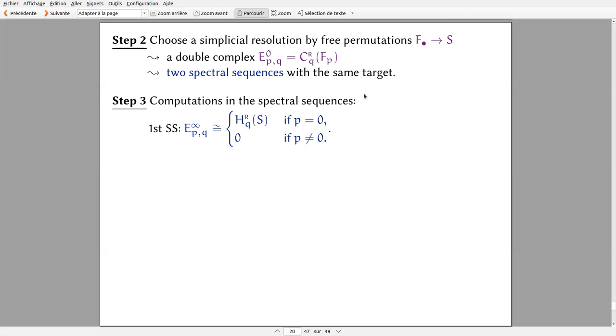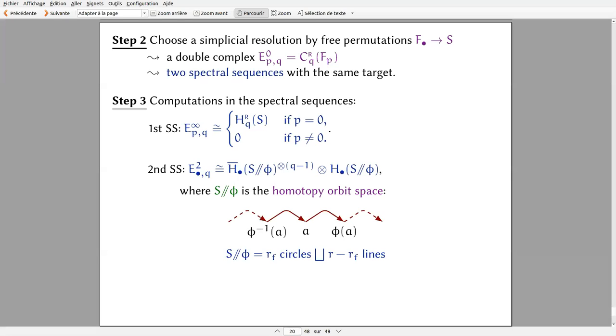This is something very easy to work with. You'll quickly understand that starting from the second page, you'll have non-trivial elements only in the first column, and they will contain precisely the Rank homologies of your Rank. It comes precisely from the fact that you have a free resolution here. So this is an easy thing.